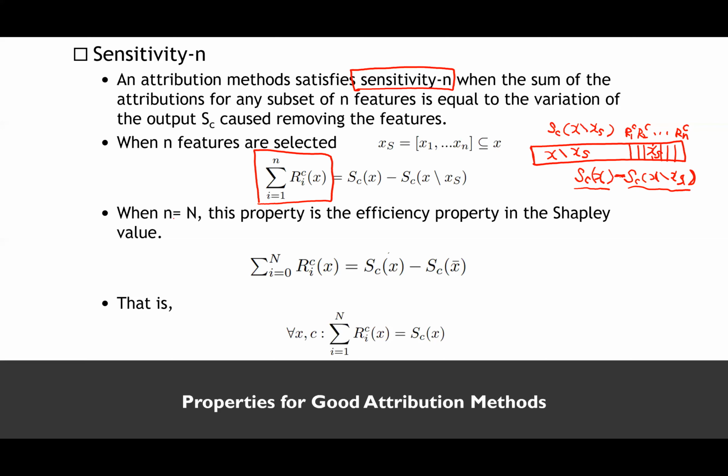When n becomes the whole set, this property is the efficiency property in the Shapley value. Suppose x bar is a reference value which can be used for any x.